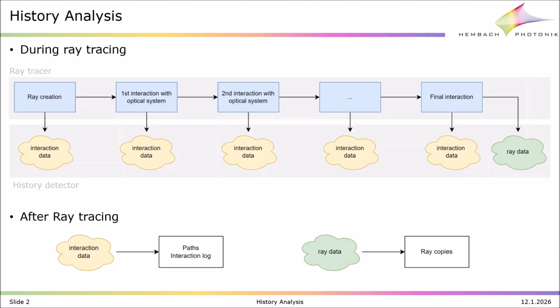So if we already know that the interaction positions will be relevant for post-processing, but the interaction ray directions will not be used, it can be useful to restrict the collection of the interaction data to only the ray position and to exclude the ray direction from the recorded interaction data.